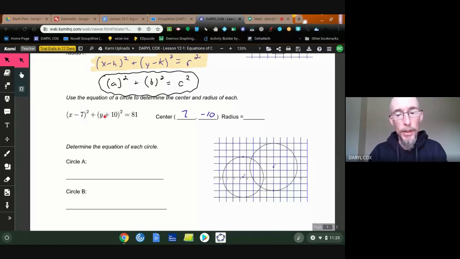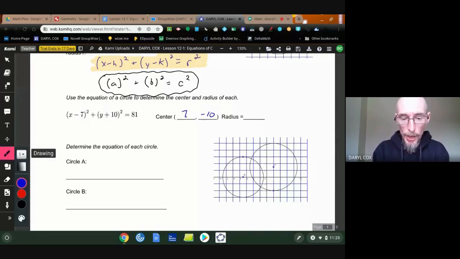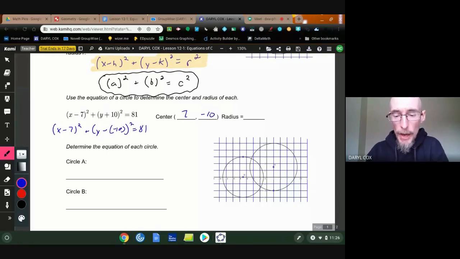But because that says plus, the only way I can take a minus sign and get a plus is to make it a negative 10. In other words, if I broke this out to look more like the formula up top, it's x minus 7 squared plus y minus negative 10 squared. So look out for things like that.